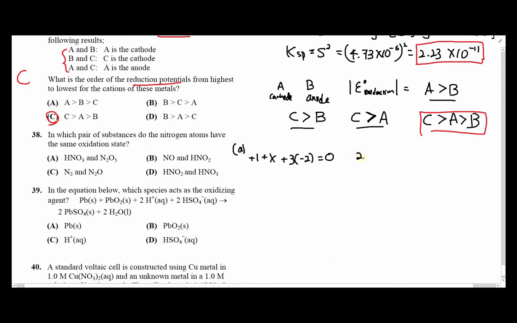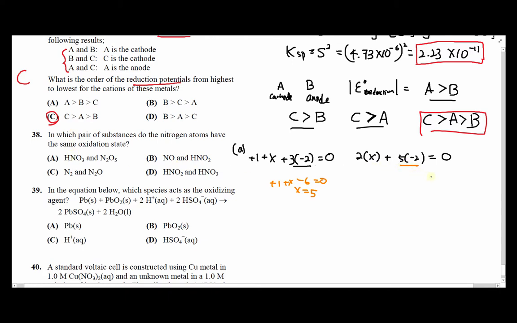We have 2 times X plus 5 times -2 equal 0. So let's find X here. We have -6 here, equals 0, and +1 plus X. Well, X has to be 5, right? 1 plus 5, you get 6. 6 minus 6, 0. So that's the oxidation number of our nitrogen.